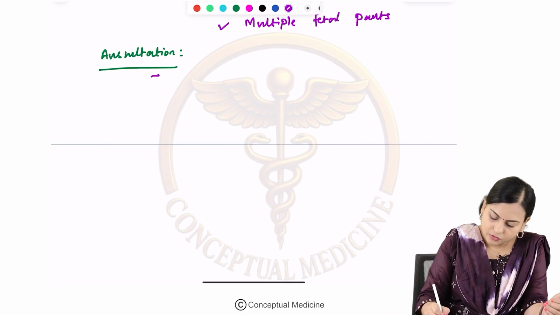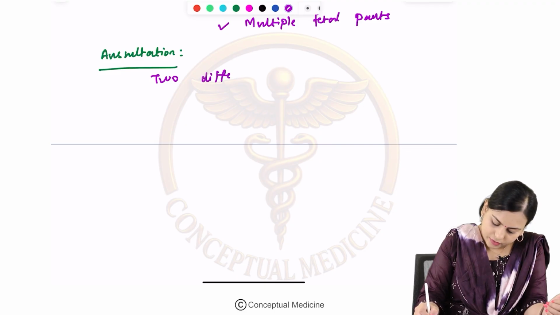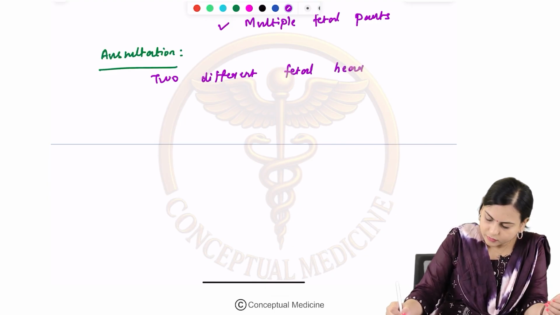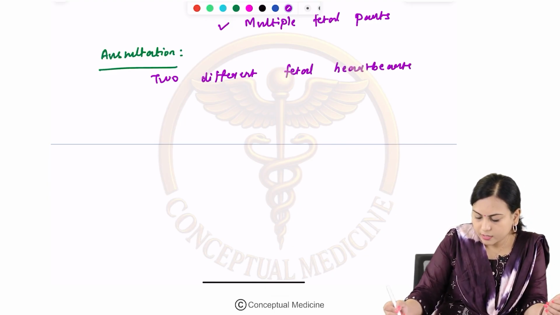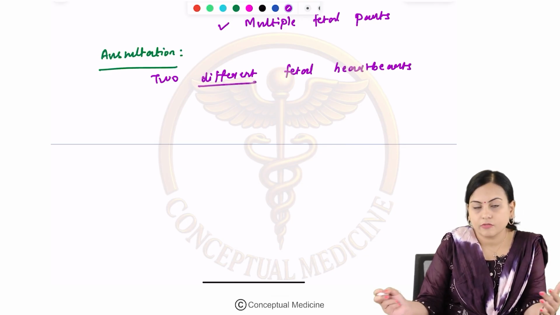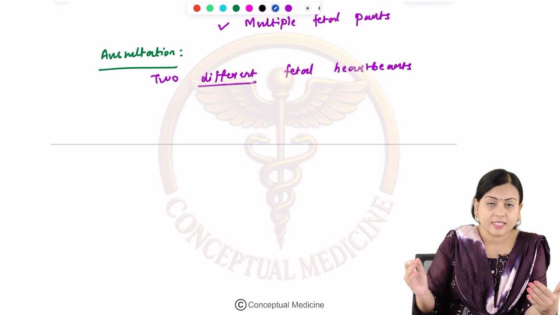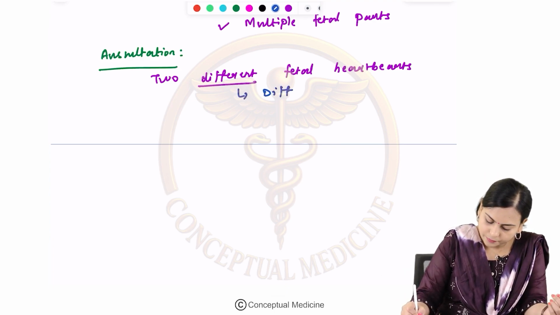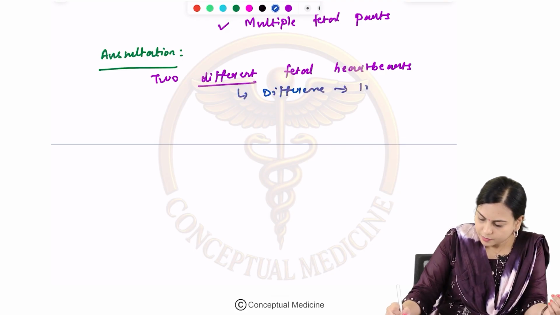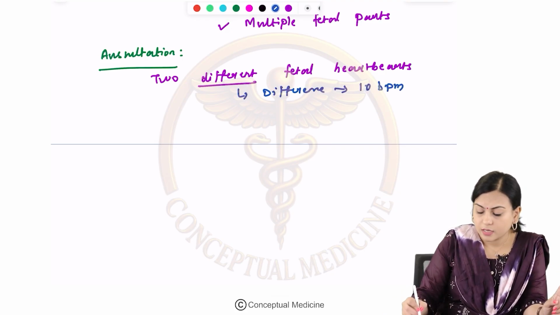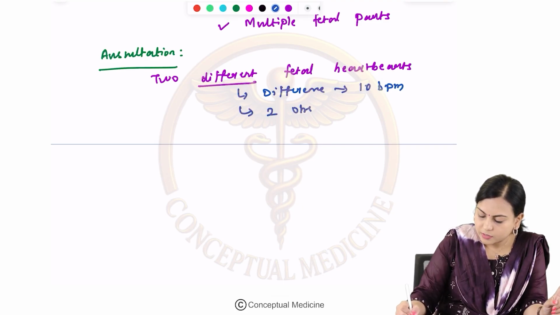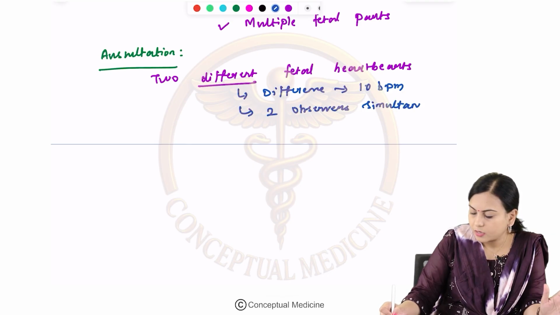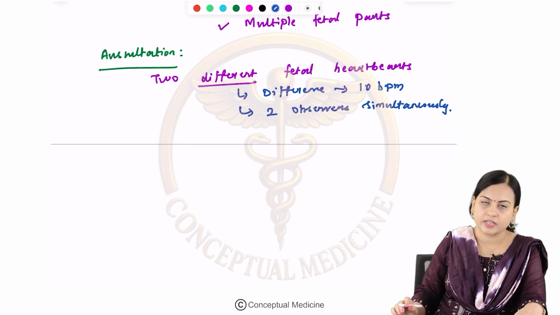To make them distinct from each other, they should have a difference of at least 10 beats per minute, and they should be heard by two observers simultaneously. Clear?